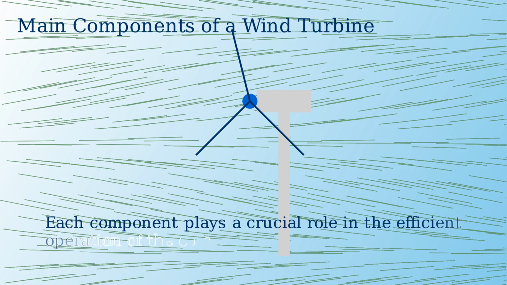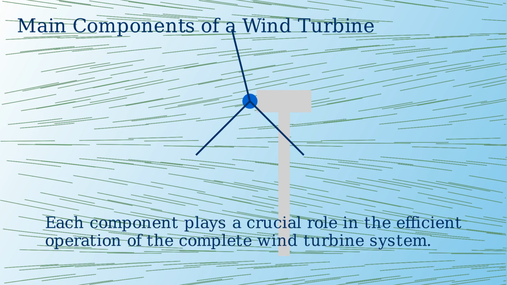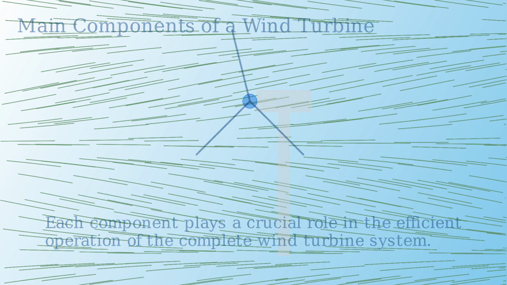Each component plays a crucial role in the efficient operation of the complete wind turbine system, from capturing the wind's energy to delivering clean electricity to the grid. Understanding these components helps us appreciate the engineering behind these towering structures.